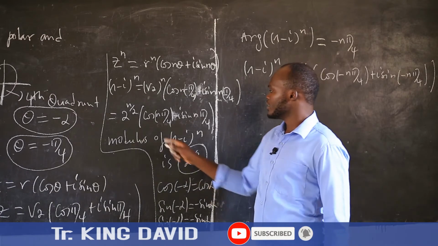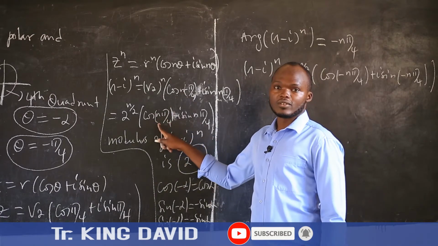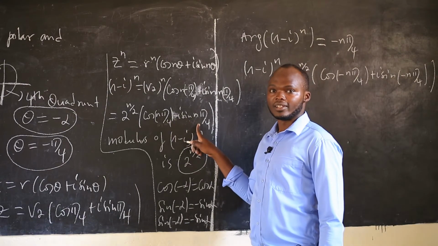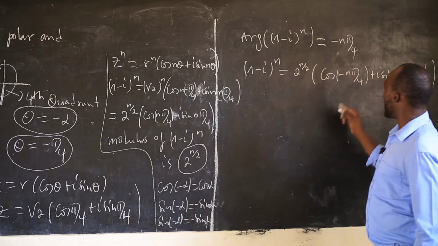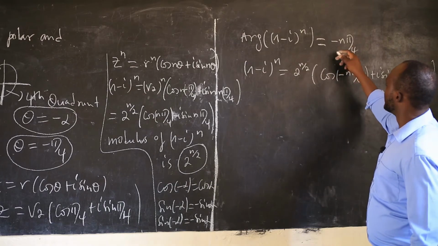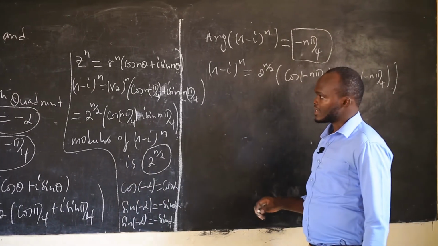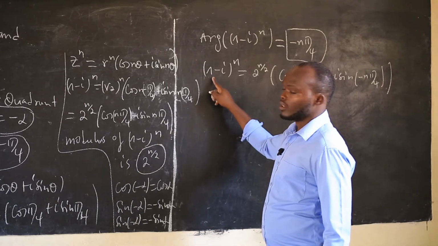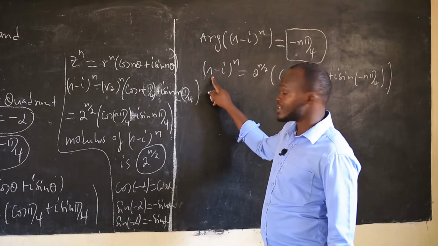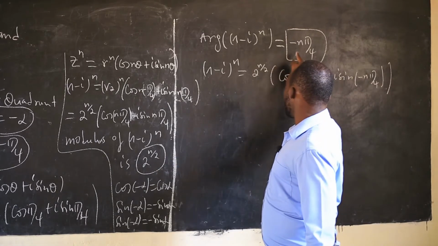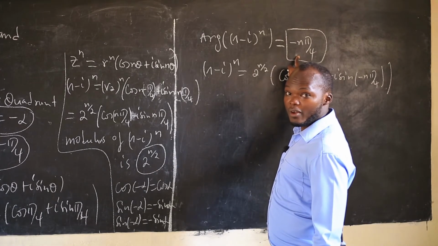So that is why cos of negative is cos of that angle, and sine of negative is minus sine of that angle. So finally, our argument is negative n pi over 4. That is the answer for finding the modulus of (1 minus i) power n, which is 2 power n over 2, and its argument is negative n pi over 4.